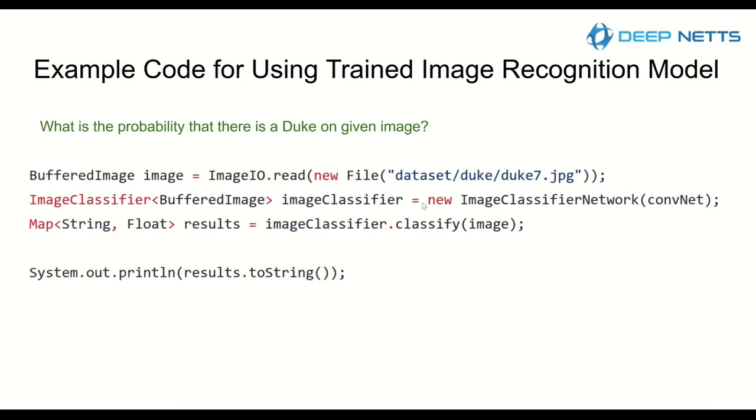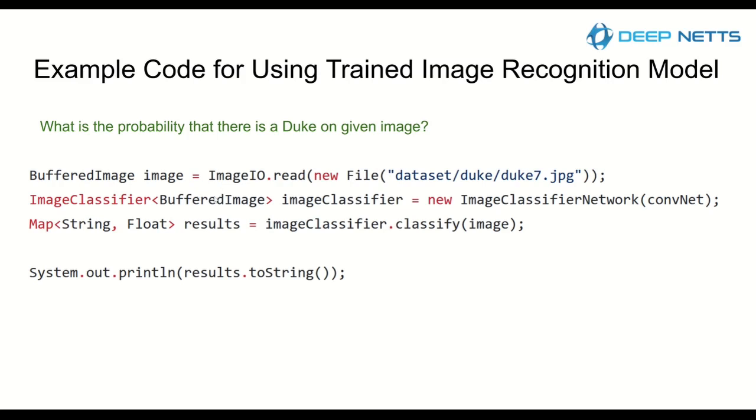to use it for recognition, you can use Visual Recognition API, which is a standard Java API for visual recognition, which has a reference implementation using DeepNets. So basically, we are creating an image classifier for buffered images, for this type of images.